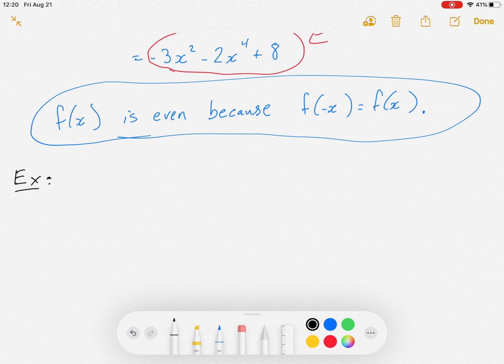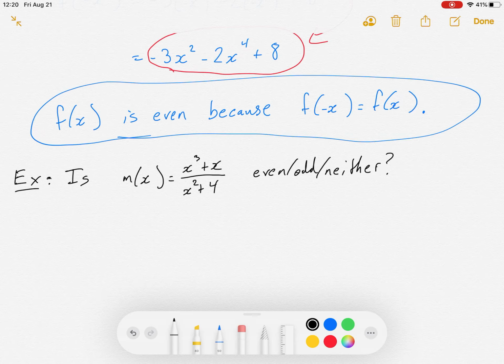So we're going to ask the question is, I'm getting kind of tired of f, so I'm going to say m of x is this function, x cubed plus x divided by x squared plus 4, even, odd, or neither.